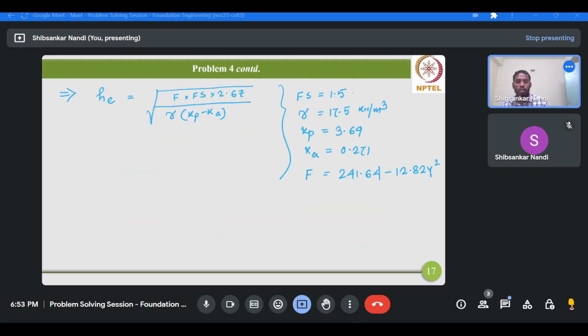So we'll substitute this value here. 241.64 minus 12.82 into 3 square. So this is from problem 3. Okay, please keep in mind. So this value would become 126.26 kilonewton per meter.